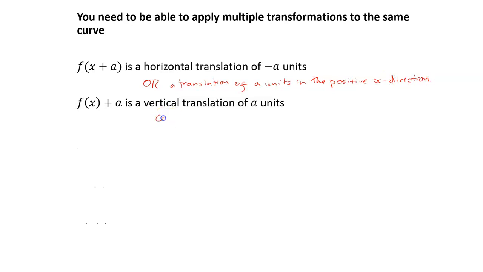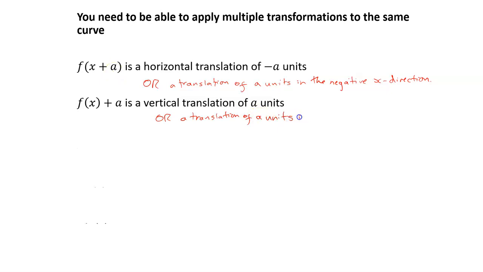Hopefully you knew that's in the negative. So when stuff is happening to the x inside the brackets, it does the opposite from what it looks like.